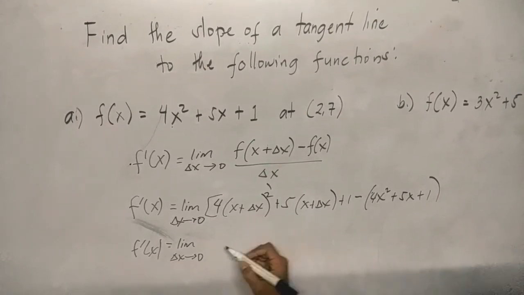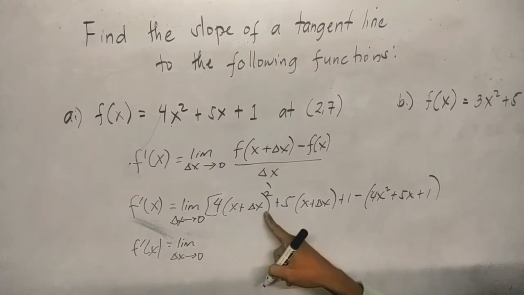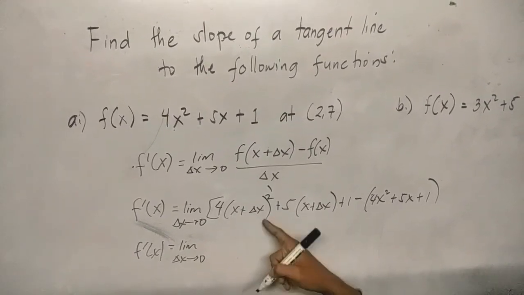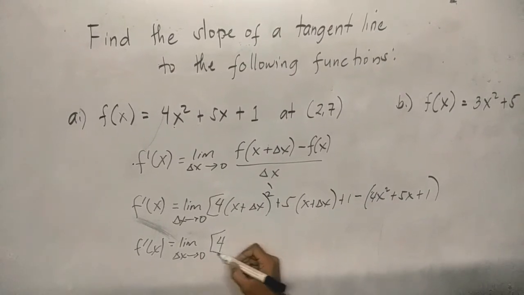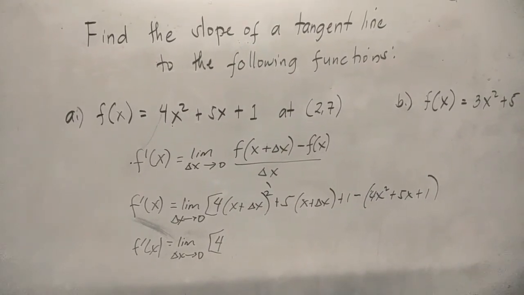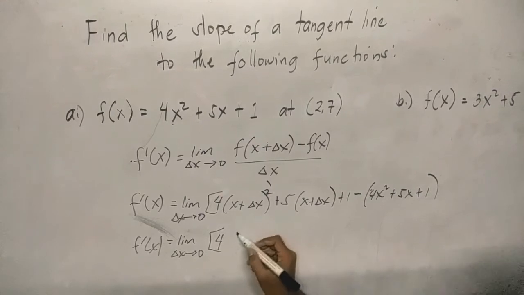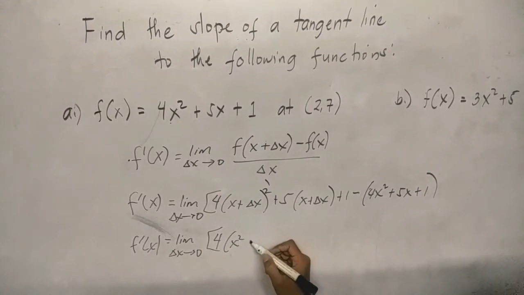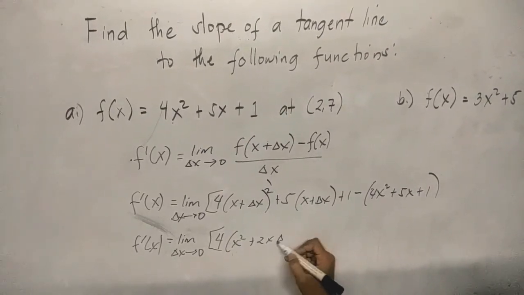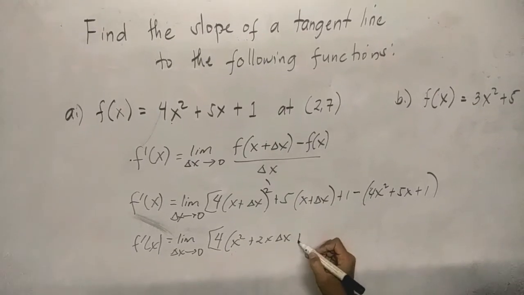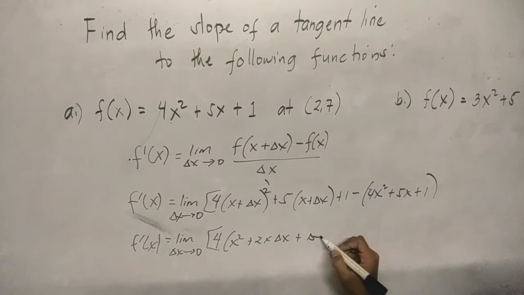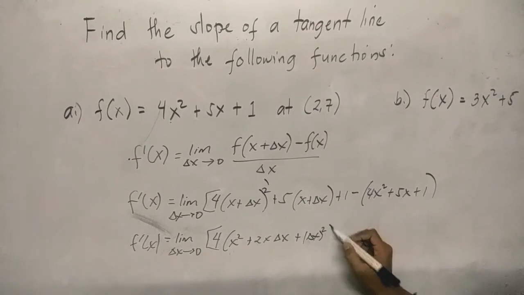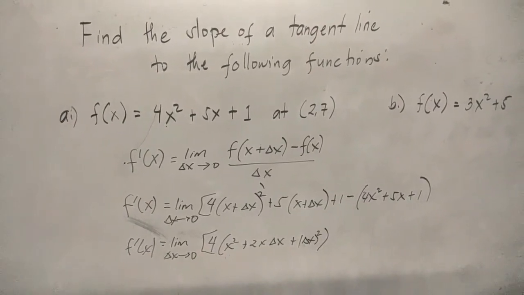So x plus delta x times x plus delta x, because it is squared, so 4 times that. So the answer is x squared plus 2x delta x plus delta x squared. Okay? So how does that go?